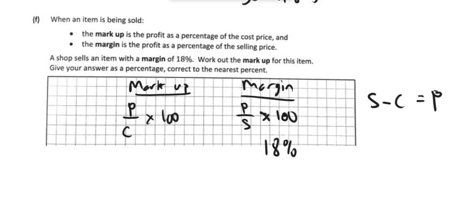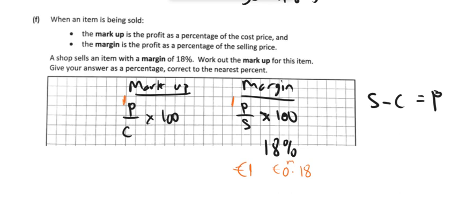Okay, so if we let 1 be the profit in both instances, so if €1 is the profit, well then 18% of that is 18 cent. So that would be the margin.